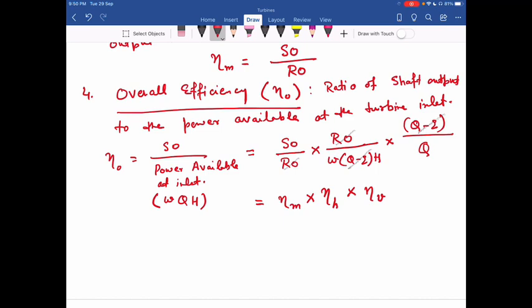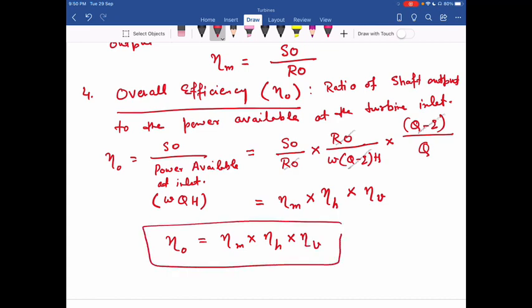So the overall efficiency is the product of the other three efficiencies: eta M into eta H into eta V. This is all about the efficiencies we have. Okay, so thank you.